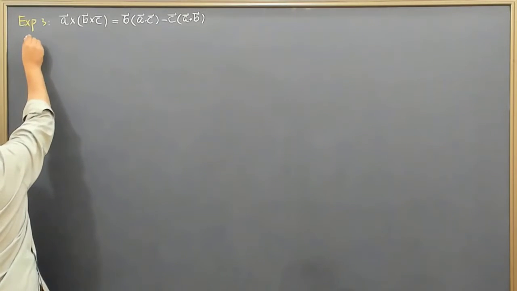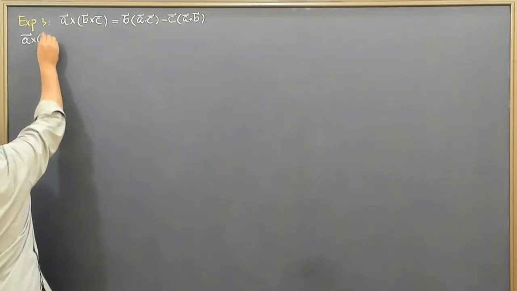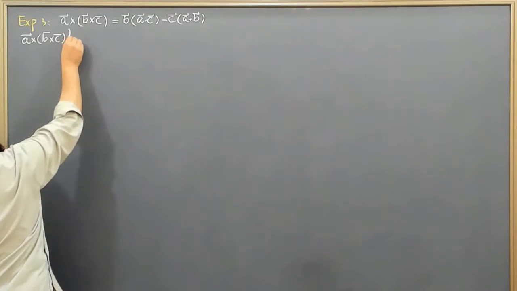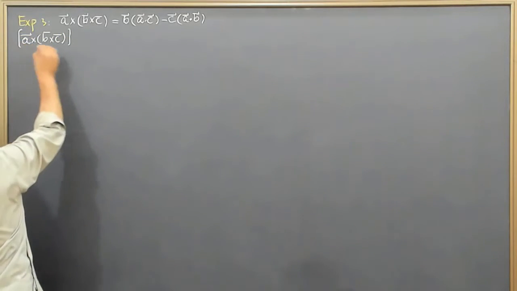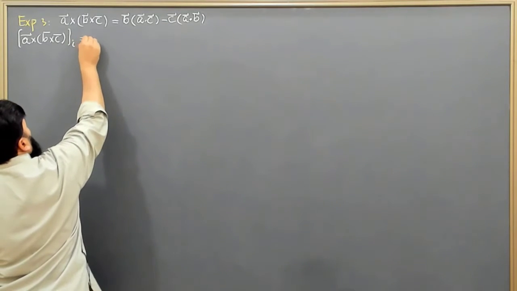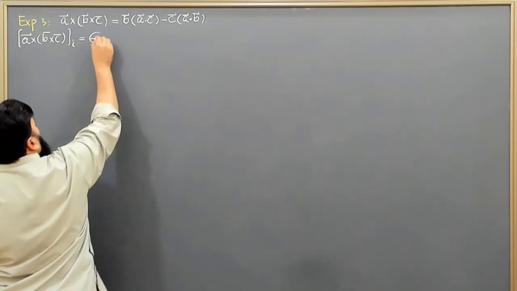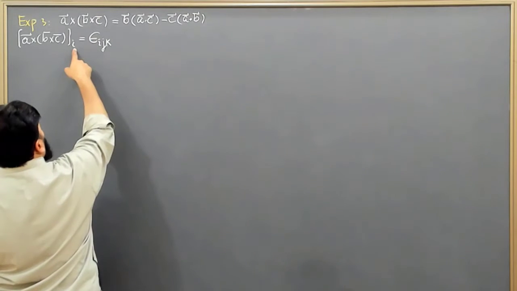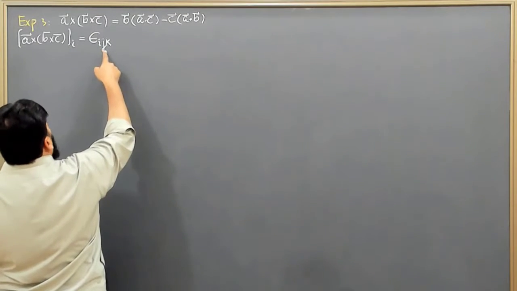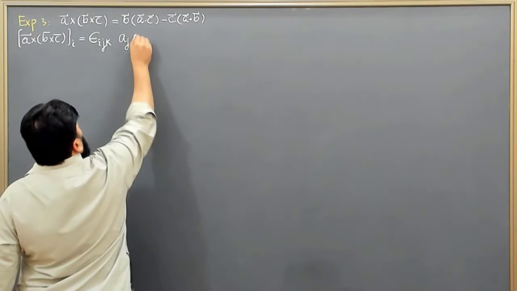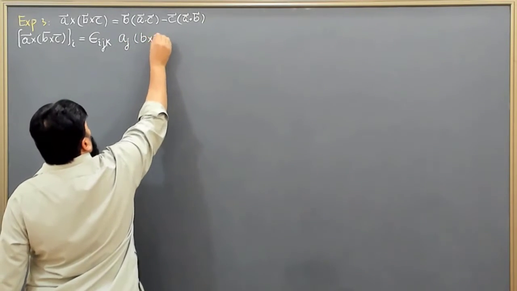So this is the left hand side I am taking, A cross (B cross C). Now let's say I take the ith component of this side. So this will be equal, in terms of the epsilon, to epsilon ijk. This is the ith component, so epsilon i, and then the first gets the j and the second gets the k component.